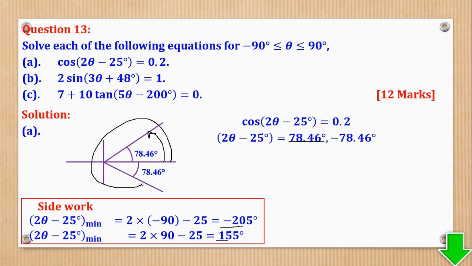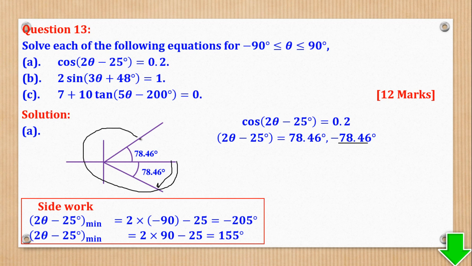Do you realize that it's already beyond 90? It's already beyond 155. So that one cannot work. Since it can't work, we can now go to negatives. Negative, start from here up to here, which is negative 78.46. Then the next negative will be from here up to here.